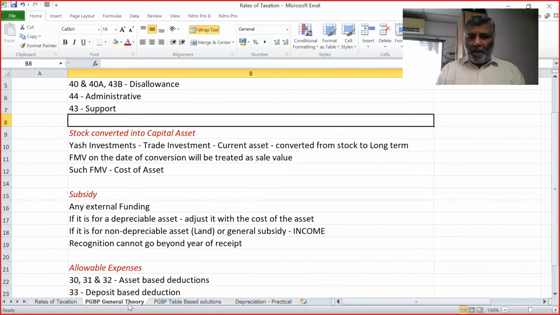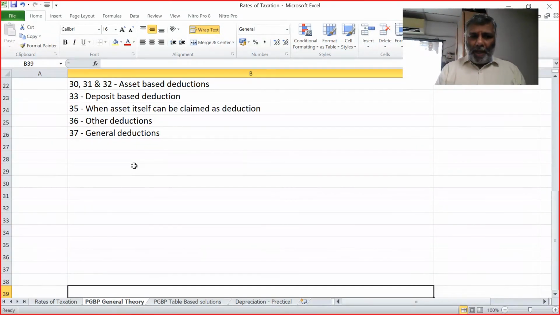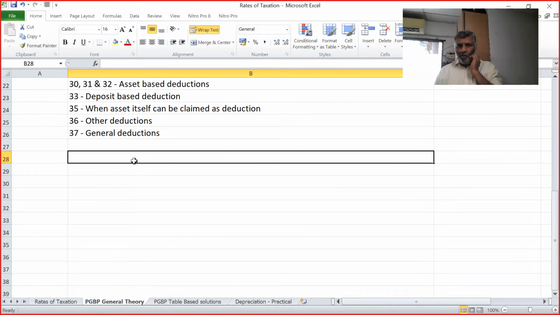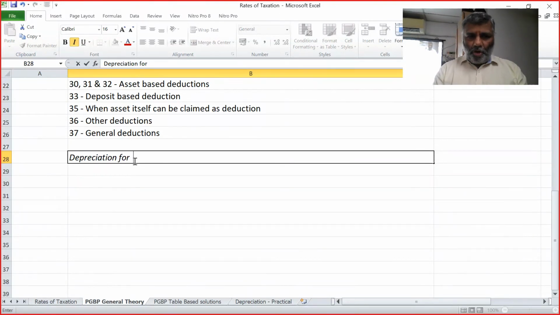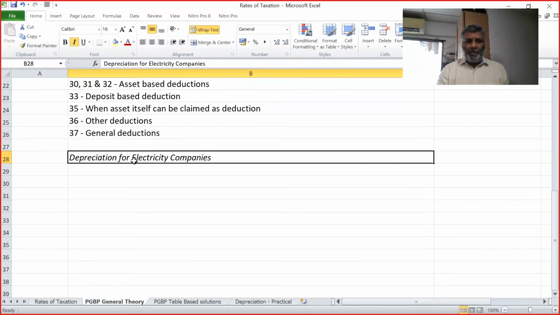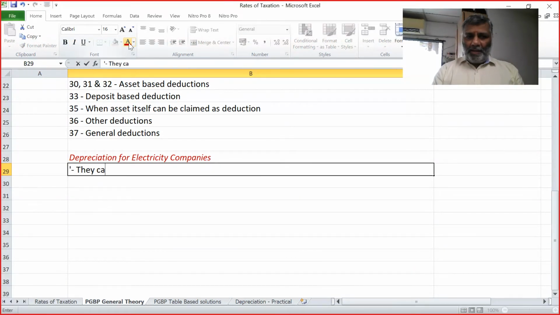As we have been discussing, if you can take small notes for this: depreciation for electricity companies, for electricity generation and distribution of power.